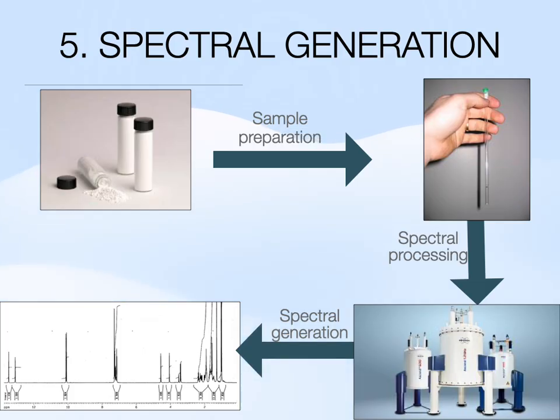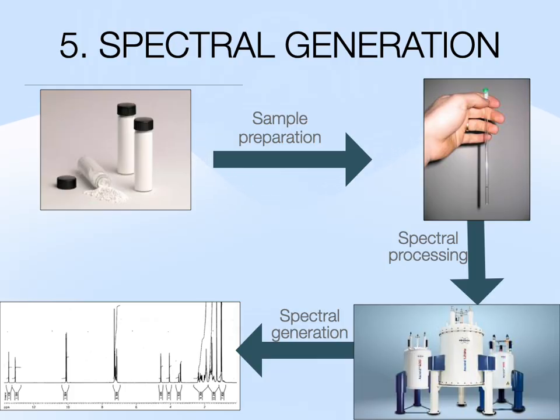The lower right-hand corner shows the actual NMR instrument itself, which in this case is a magnet, a super magnet that is used to then distinguish the electronic environment of the various components of the molecule.